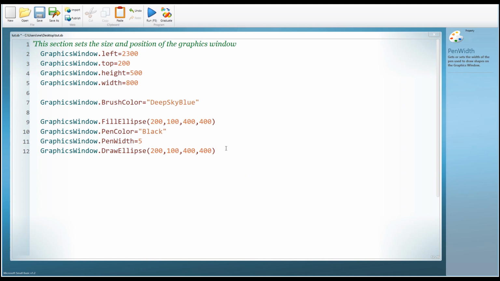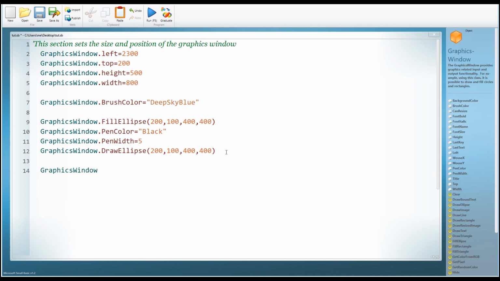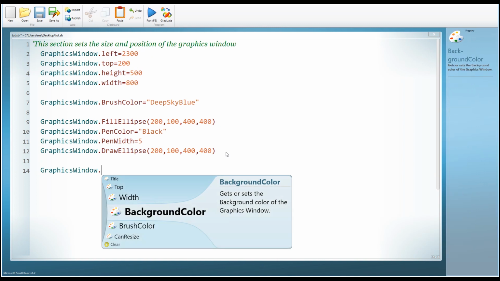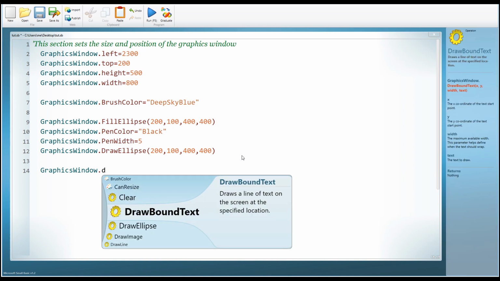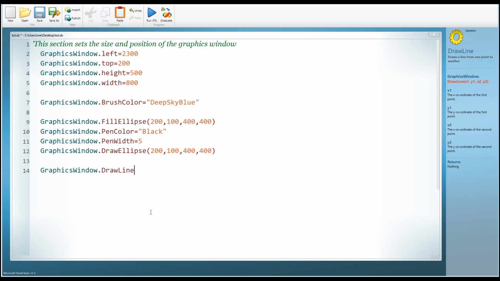So the circle or ellipse, the triangle and the rectangle, those are the main shapes that you can draw. Of course, you can combine this with the turtle, so you can still do a circle using the turtle.